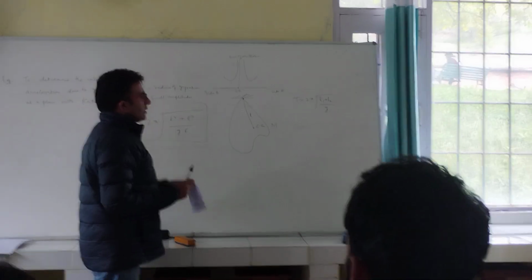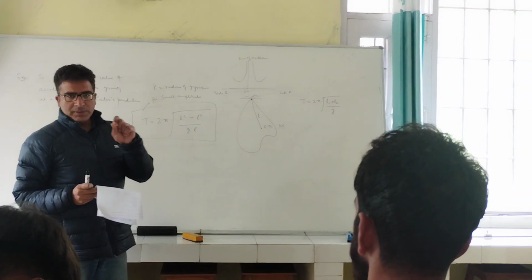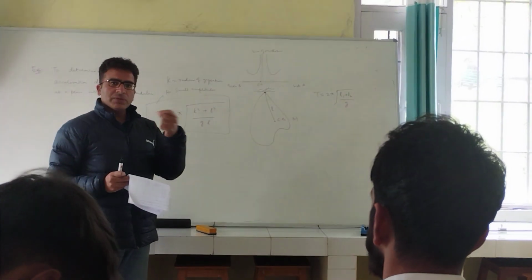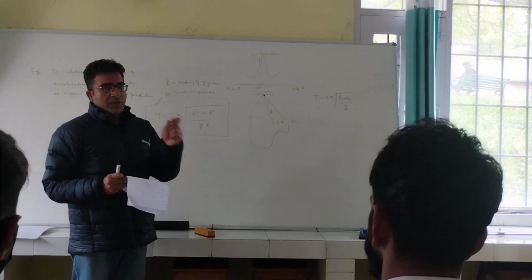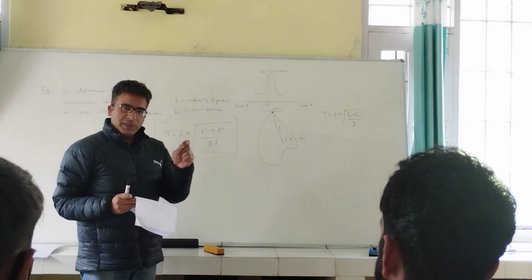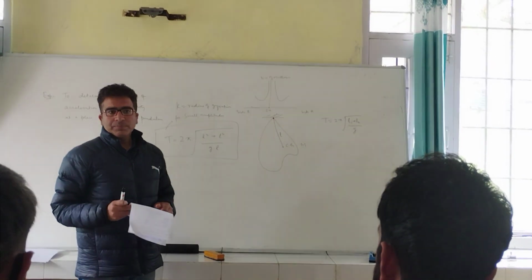L1 was the distance of the center of suspension from the center of gravity, L2 was the distance of the center of oscillation from the center of gravity, and we put the restriction that for the center of oscillation and center of suspension, the time period of oscillation is equal.